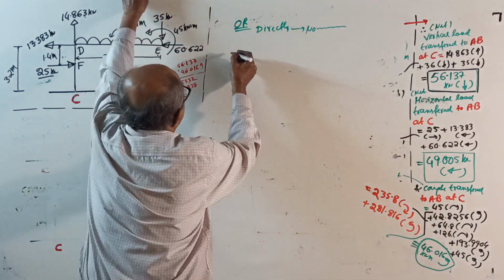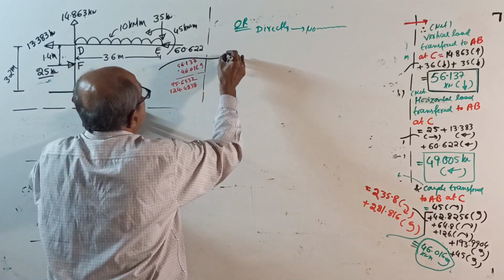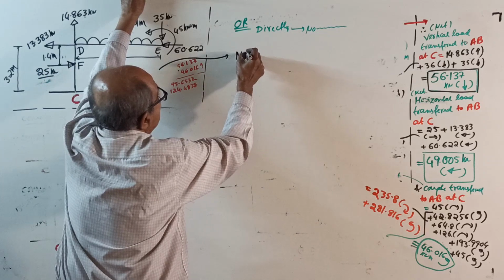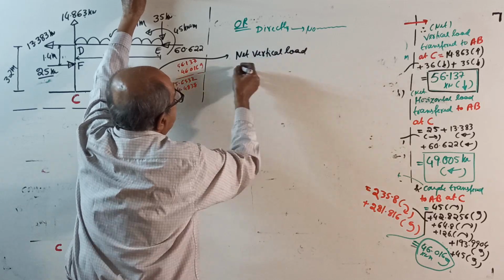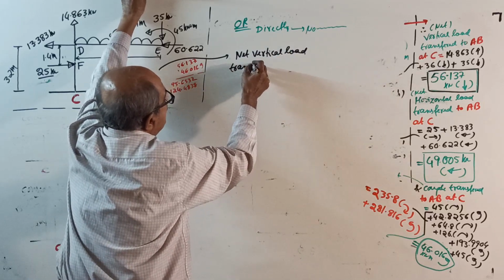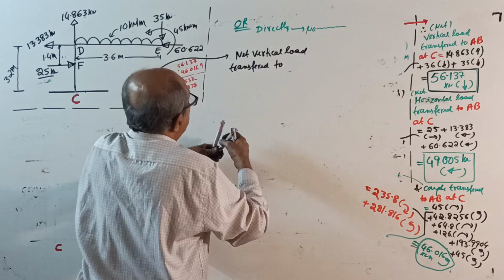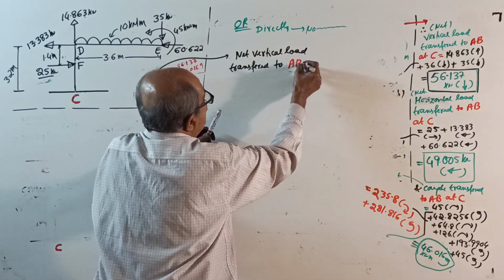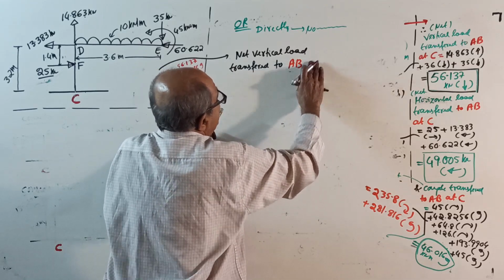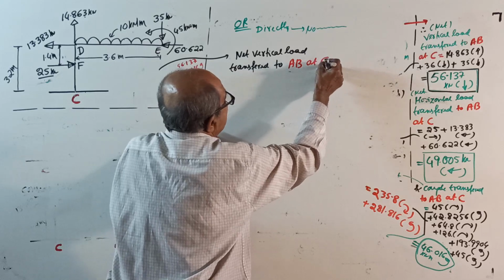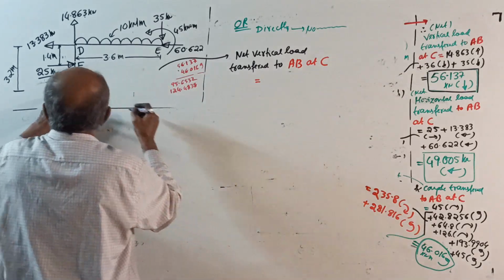Or directly refer to the sketch. Net vertical load transferred to beam AB, our beam is AB, at which point? Very, very important, at C equal to, directly.